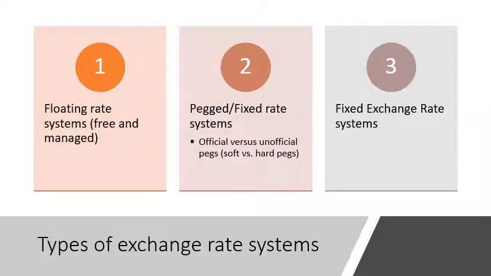We have a floating rate regime where the value of your currency is determined by supply and demand. And then we have a kind of pegged system where you are pegged to someone else's currency, frequently the US dollar, but not always. Sometimes you're pegged to the euro or to a basket of currencies that might include the euro and the US dollar.